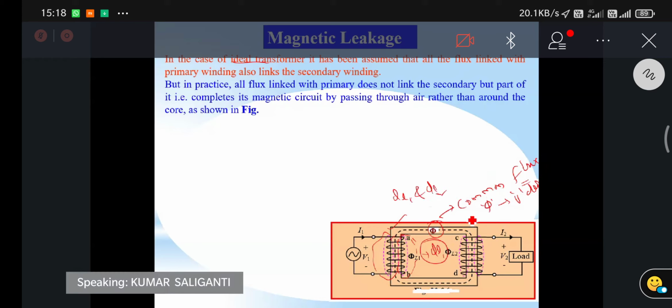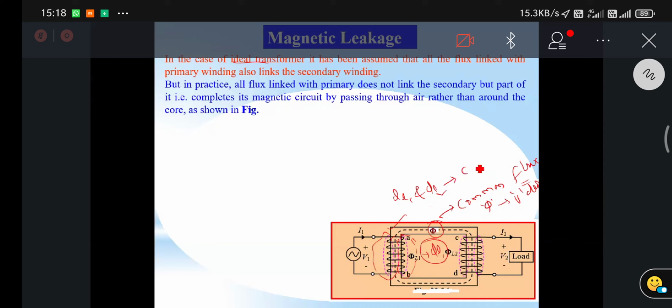So pi L1 and pi L2 are current dependent, and the main flux is voltage dependent.